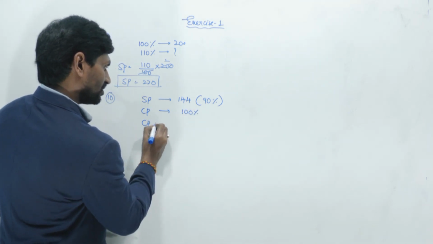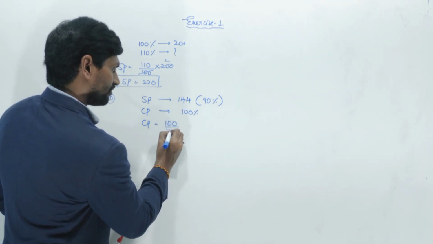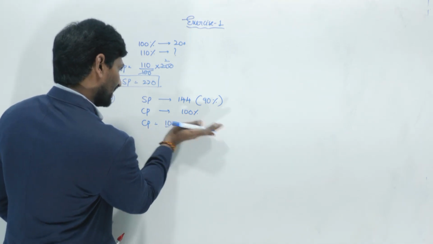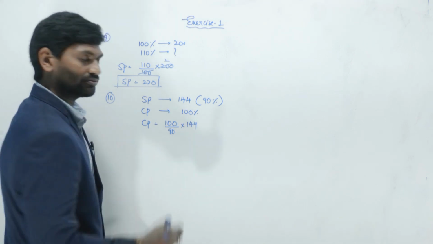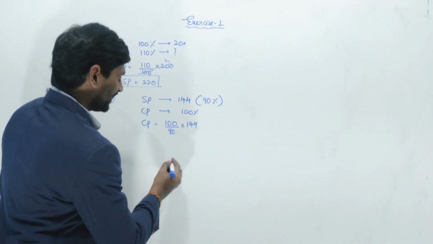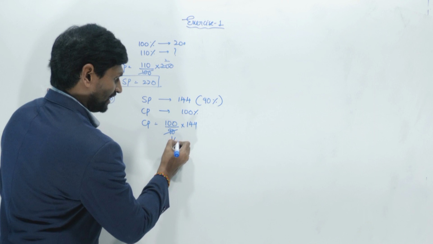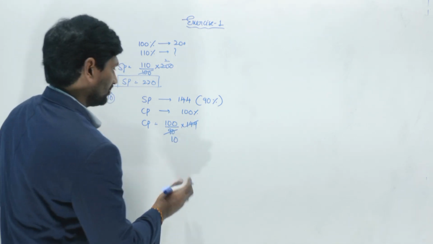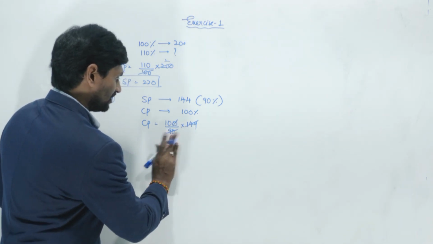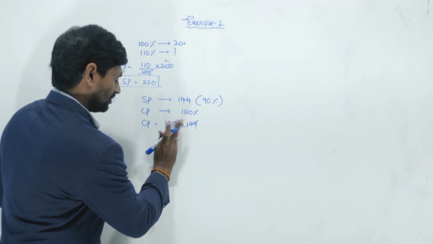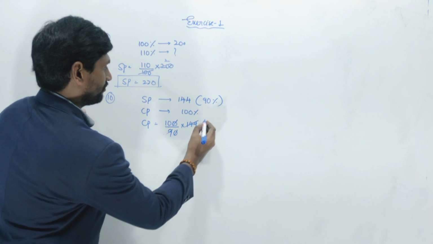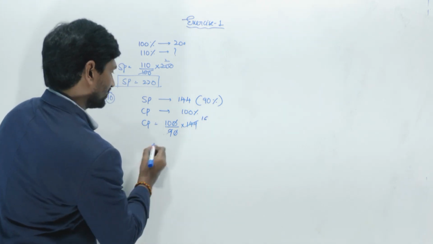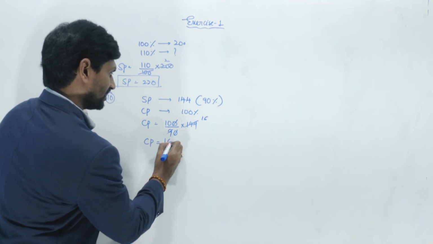So cost price is equals to 100 by 90 into 144. Okay, na? So 9 table, 10 times, here 0 cancel, and 9 table 144, 9 ones are 9, 9 sixes. So cost price is 160 rupees.